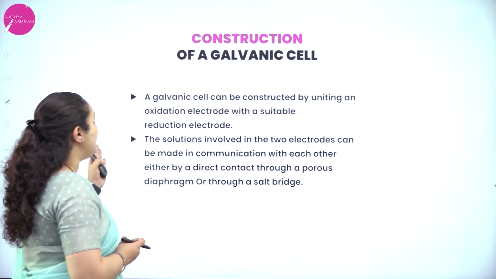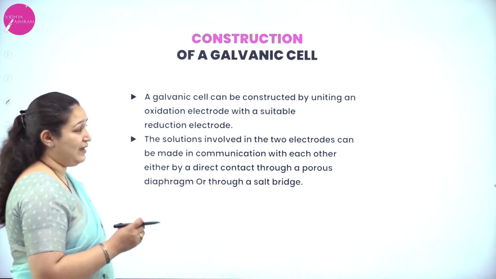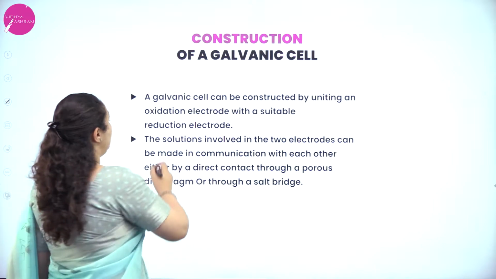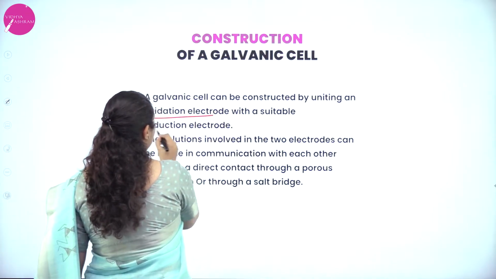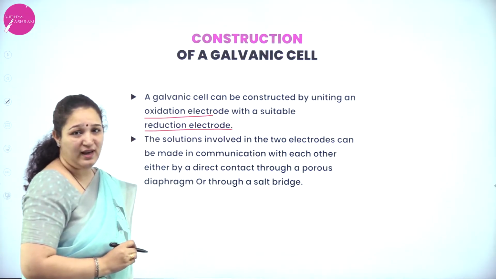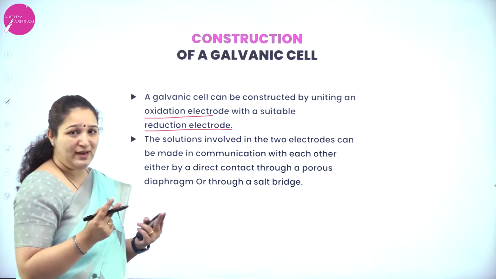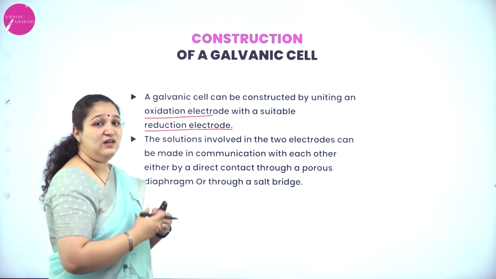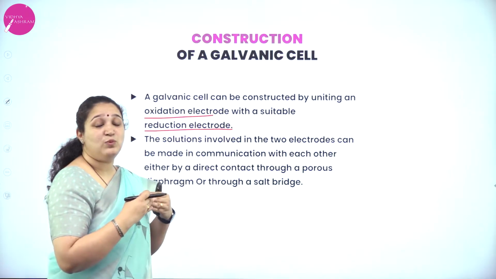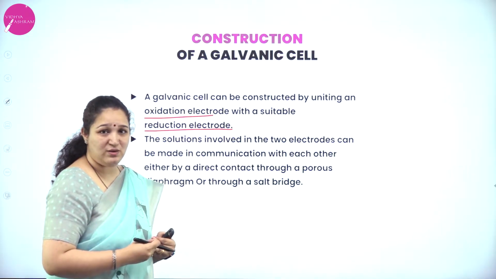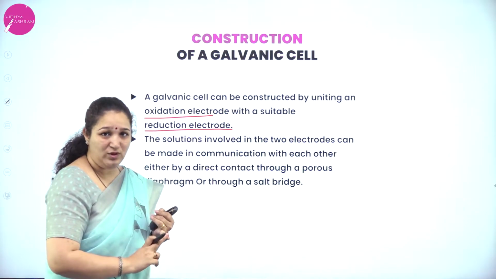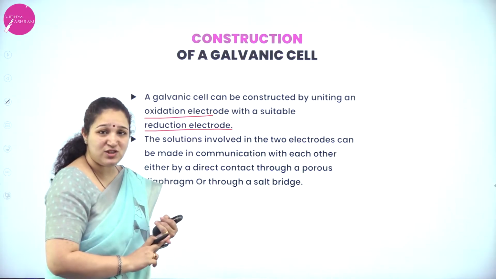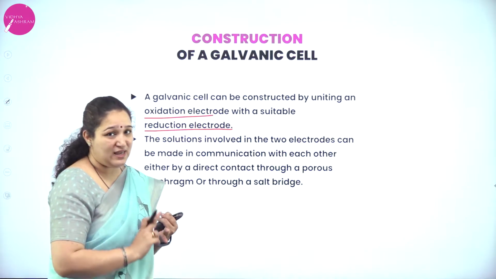A galvanic cell can be constructed by uniting an oxidation electrode with a suitable reduction electrode. So there are two electrodes: in one, oxidation is taking place, and in the other, reduction is taking place. The one in which oxidation is taking place, we call the anode, and the one in which reduction is taking place, we call the cathode.